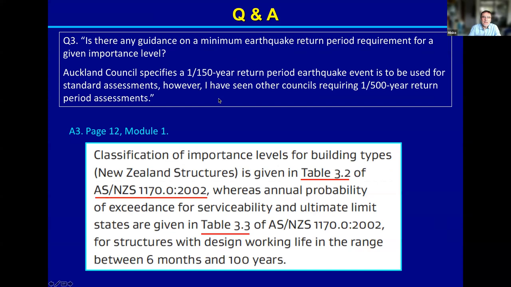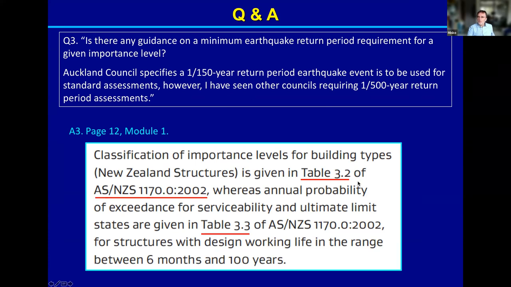Question 3, is there any guidance on the minimum earthquake return period requirement for a given importance level? And then there is a reference to maybe Auckland Council practice, at least that is the question that I have received. Well, Module 1 is not addressing this, but there is a document, NZS 1170.0 from 2002.